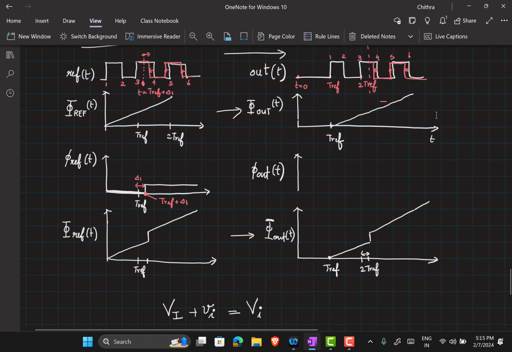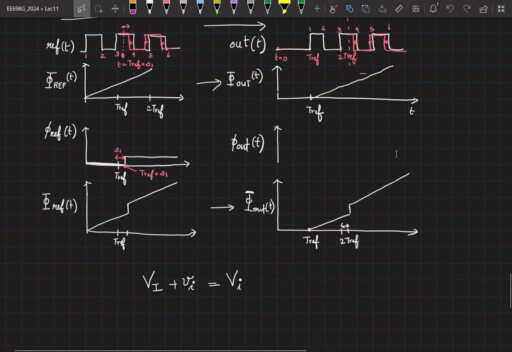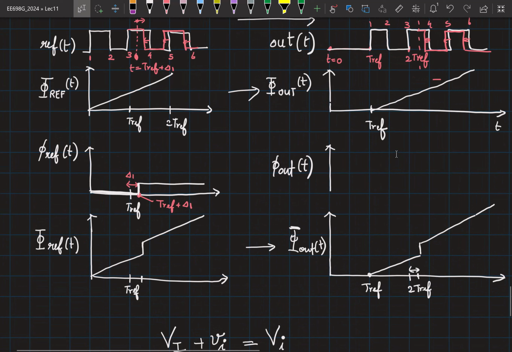Any questions on this? So your question was, if you have a small signal step here, what happens to the time domain signal? Will the drop in reference T occur at exactly that point where the small signal is rising?